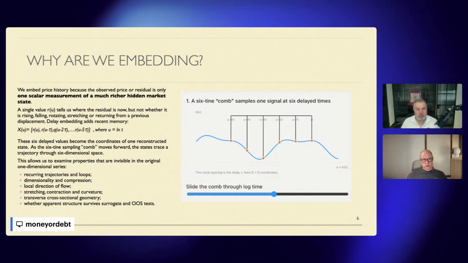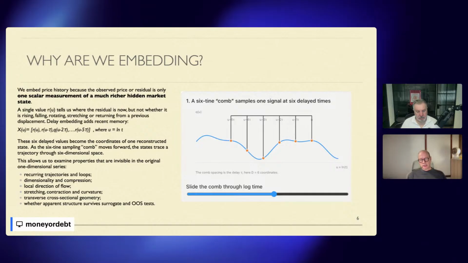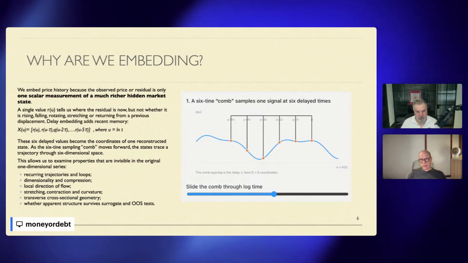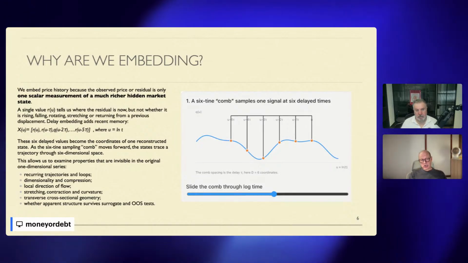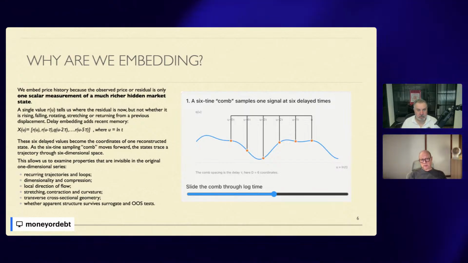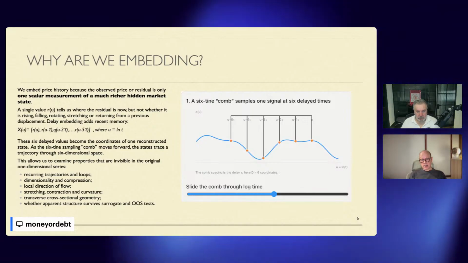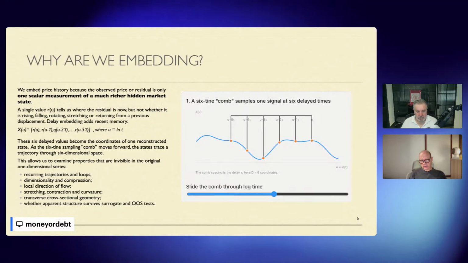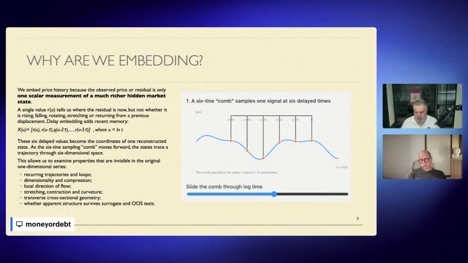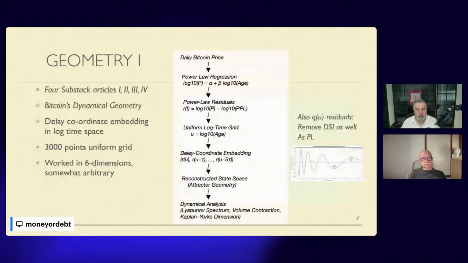What's the local direction of the flow? Is there a cross-sectional geometry, a transverse cross-sectional geometry, transverse to the principal trajectory? What does that look like? And then we can do testing against that, with diagnostics and surrogates to see how well it stands up when you randomize data with respect to certain variables.